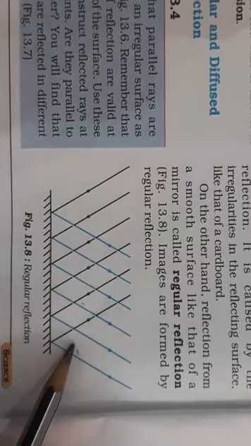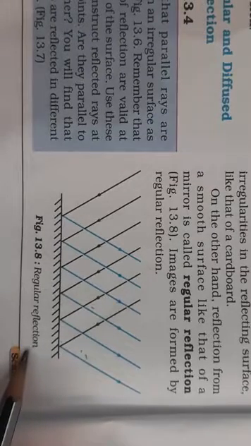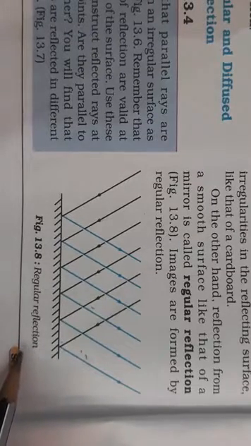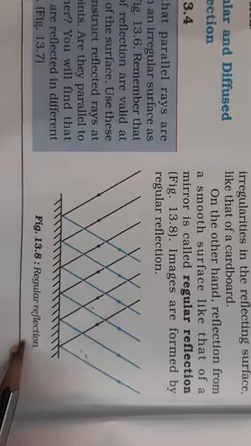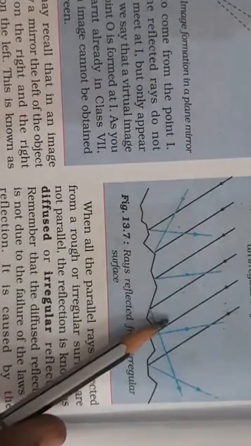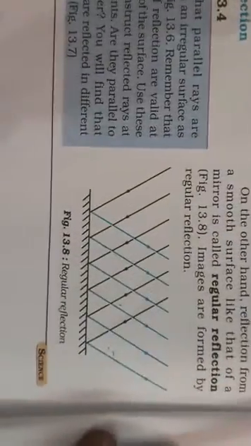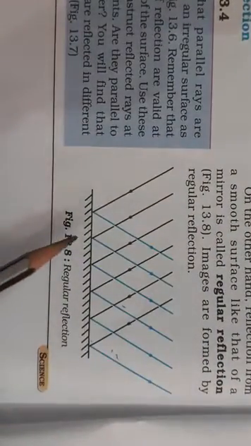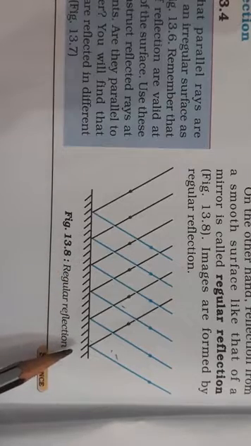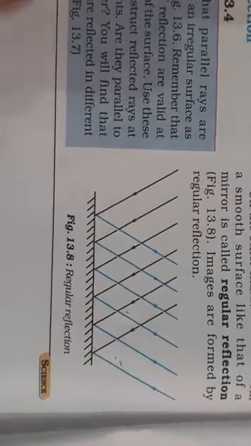So this kind of reflection is called regular reflection. Clear children? So I hope you have understood the difference between regular and diffused reflection. Diffused reflection takes place when light rays hit a rough surface, and regular reflection takes place when an incident ray comes and hits a regular surface.